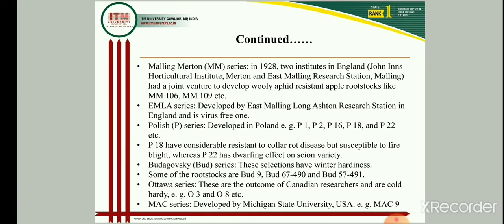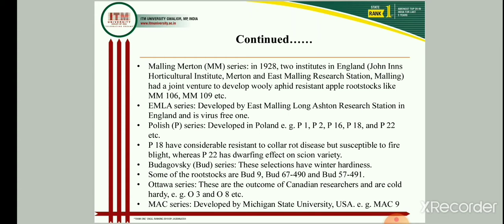The major problem of the Malling series was the attack of woolly aphid. The Malling series has significantly controlled the vigor, but the ability to control aphid was not reported. Most of them were sensitive towards aphid.